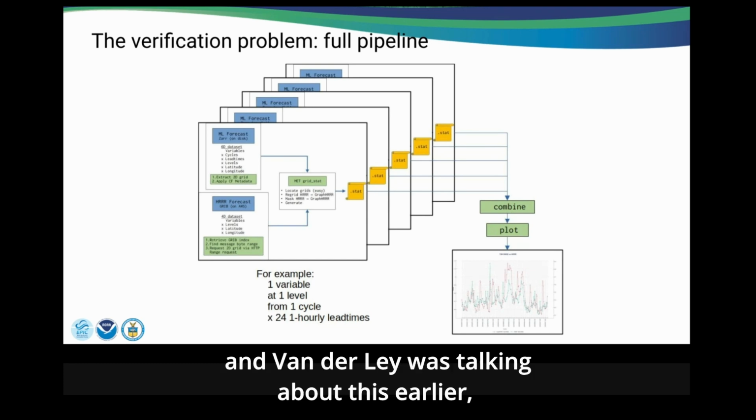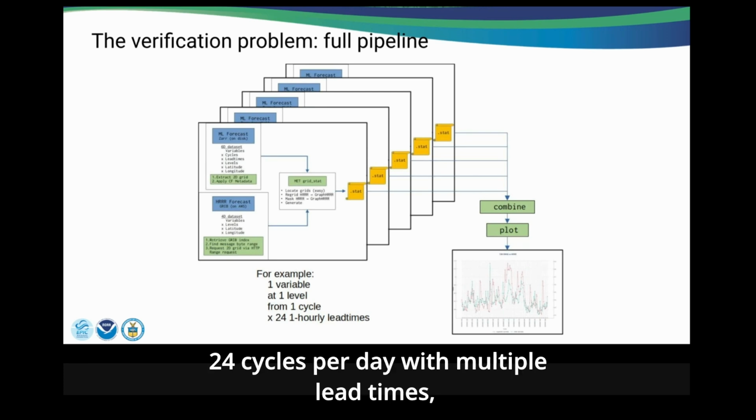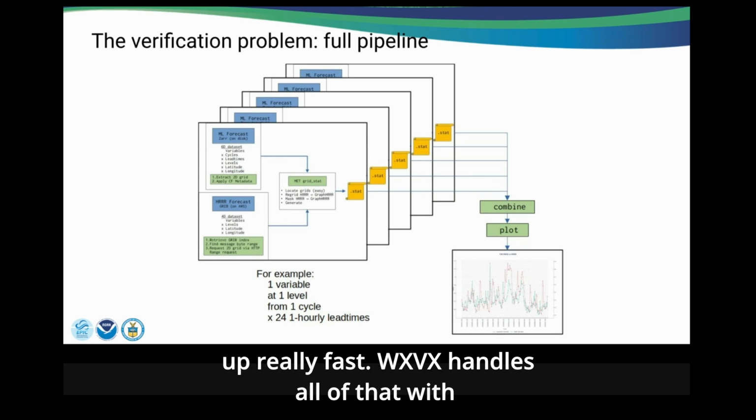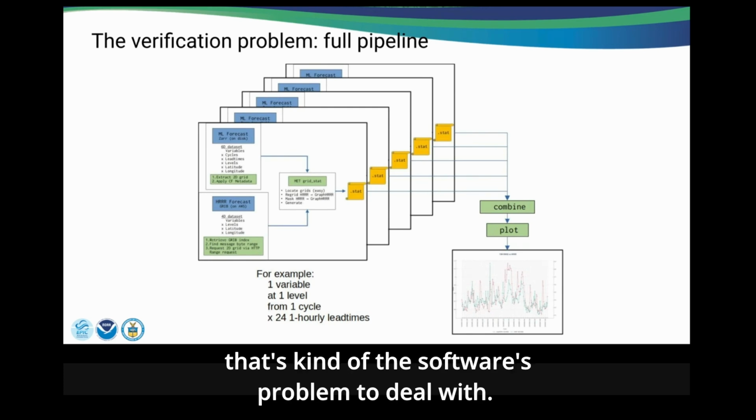Obviously, and Vanderlei was talking about this earlier, the fan out of this is enormous. If you have 24 cycles per day with multiple lead times and a month of data and 10 variables, this scales up really fast. WXVX handles all of that with an admittedly very large task graph, but that's kind of the software's problem to deal with.